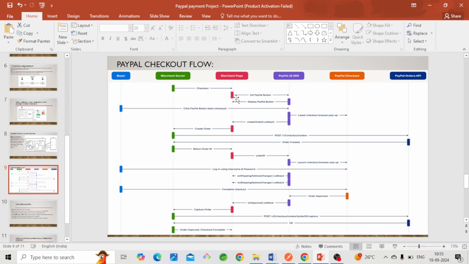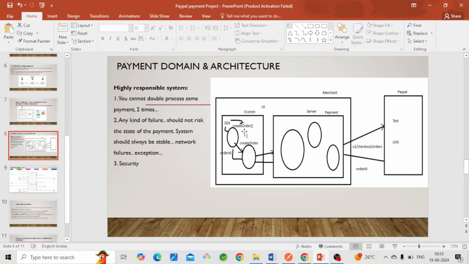Then the customer clicks the PayPal button. This entire flow is displayed in this diagram.